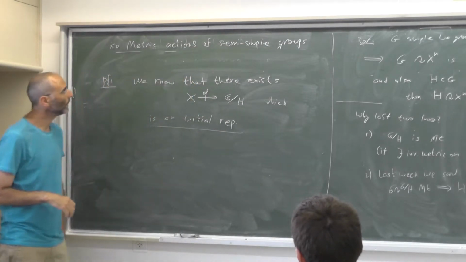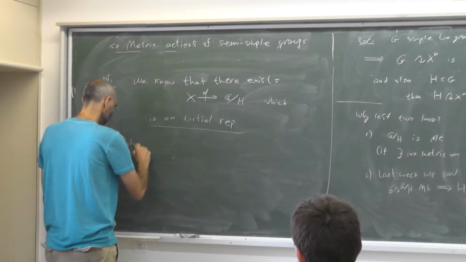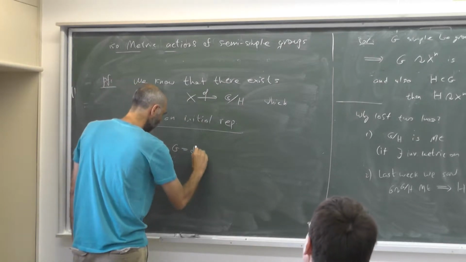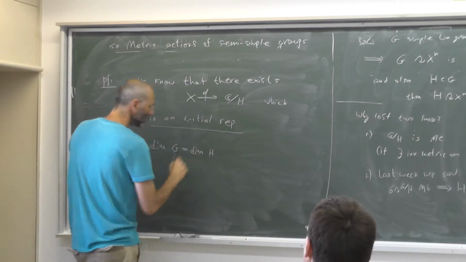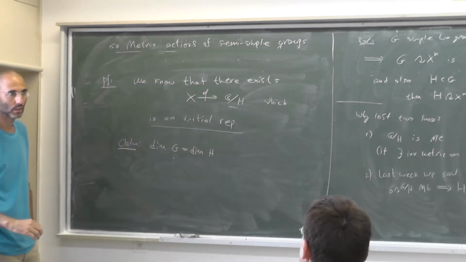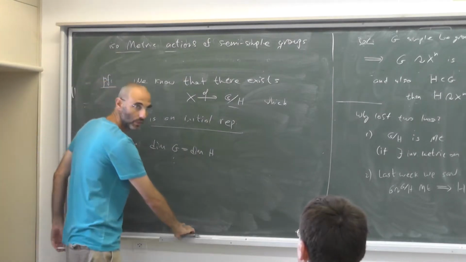And what we want to claim now is that this space, this variety, is zero-dimensional. So the dimension of the stabilizer is the same as the dimension of the space to begin with.